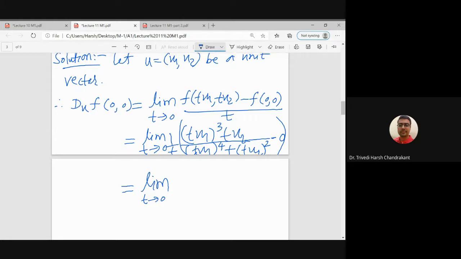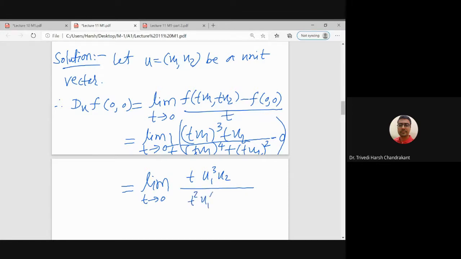In the denominator we already have one t outside, and a t square term comes from t power 4 u1 power 4 plus t square u2 square. If you cancel those terms, the final power in the numerator will be t, because t power 4 divided by t power 3 is t, so u1 power 3 u2 divided by t square u1 power 4 plus u2 square. So just check whether we are correct or not.